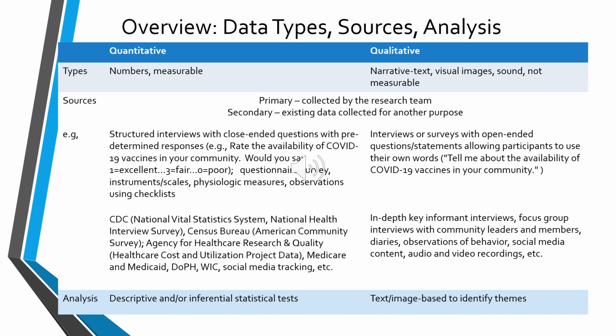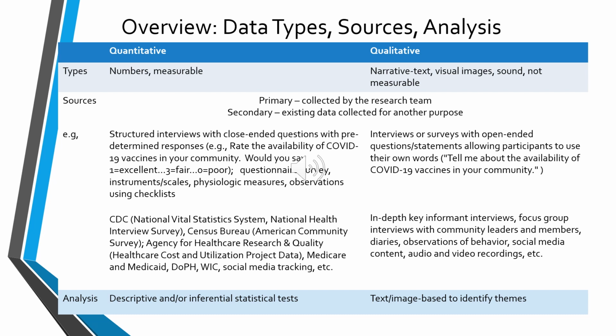Would you say excellent, very good, good, or poor? In contrast, when collecting qualitative data, we use open-ended questions that elicit a response in the participant's own words. We might ask, please describe your experience when scheduling a visit at your public health clinic for breast and cervical cancer screening.